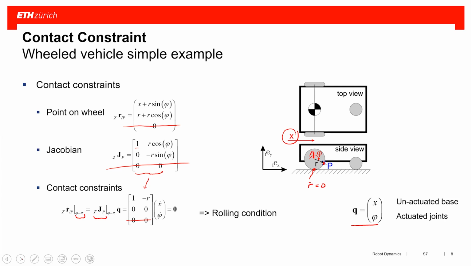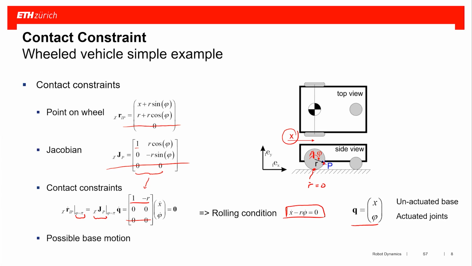Now, what do we see in here? If I look at this first line, I have x dot equals phi dot. So this thing here is nothing else than the rolling constraint. If you look at this Jacobian, then we see actually the rolling constraint, something that we know by heart when looking at this example, but in fact, this is simply integrated in our Jacobian.